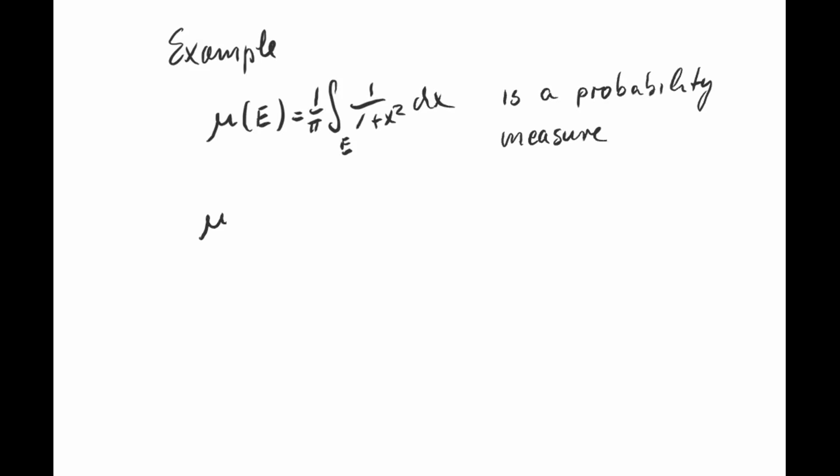So if you look at what is mu of R in this case, this is 1 over pi times the arctangent of x between negative infinity and plus infinity, and that's just 1. This is a really good example, because you can compute it.